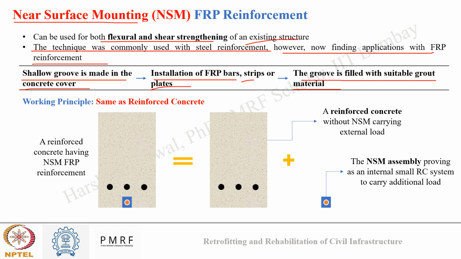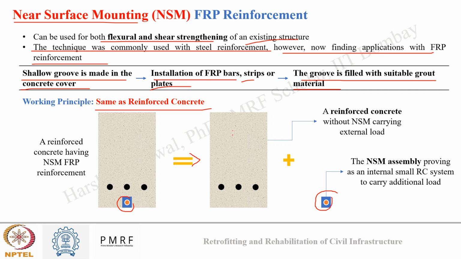And how does near surface mounting provide strengthening? The technique follows the same principle as a reinforced concrete member. Suppose we take a reinforced concrete assembly having NSM strengthening employed near the surface. Under the action of load, this assembly can be broken down into two components. The first component is simple reinforced concrete without NSM, and the second component is the NSM part.